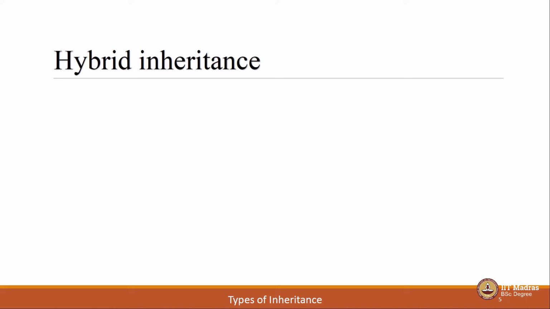You mix simple, multiple, hierarchical, multi-level in any way you want, and that is hybrid inheritance. As I mentioned earlier, now it is your responsibility to implement all these different types of inheritance using Python programs.